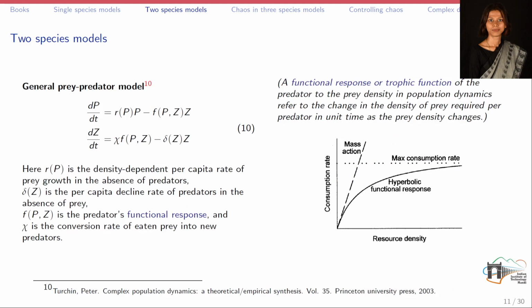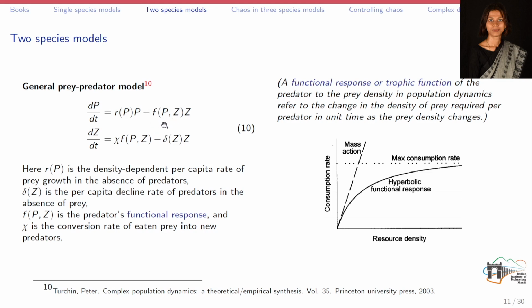Now here is a general prey predator model. This particular model was a particular structure of a generalized prey predator model given by Peter Turchin in his book Complex Population Dynamics. Here we assume R(P) to be the density dependent per capita rate of growth in the prey population, and delta Z is considered to be the per capita decline rate of the predators in the absence of prey, and f(P,Z) is the predator functional response.